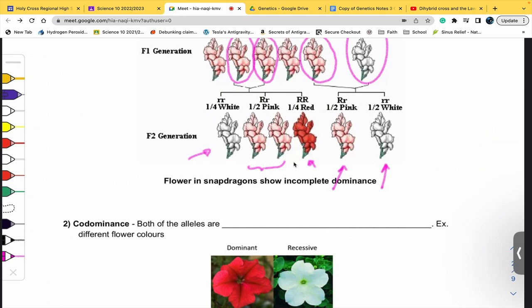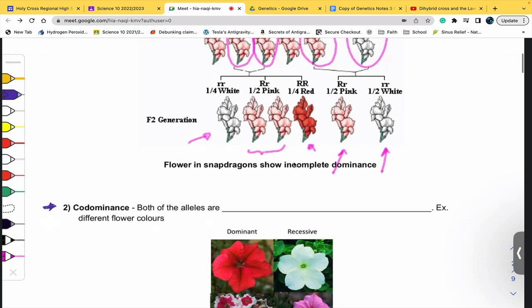Okay, what is codominance? Codominance here. Codominance is where both of the alleles are expressed at the same time. So it's not a blending, but you see both separate types, in this case, colors.